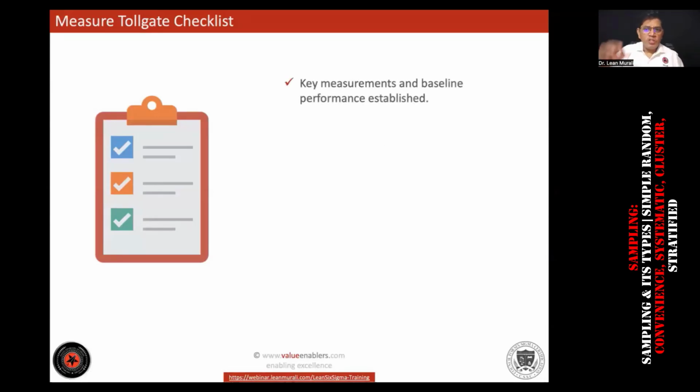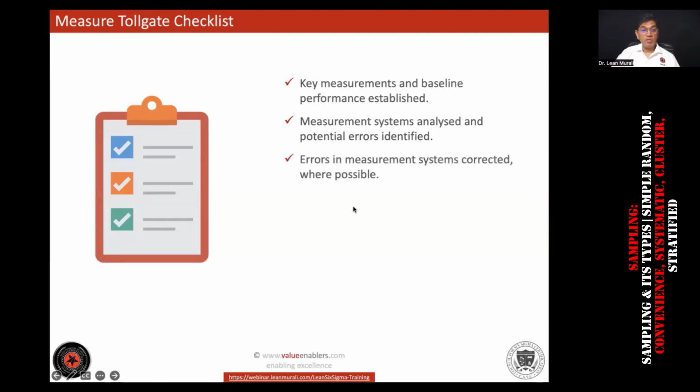You have to establish key measurements and baseline performance. The measurement system must be analyzed and potential errors identified. We have spoken about MSA in earlier sessions, measurement systems and how they affect performance. If the measurement system is not up to the mark, you have to correct the errors wherever possible.